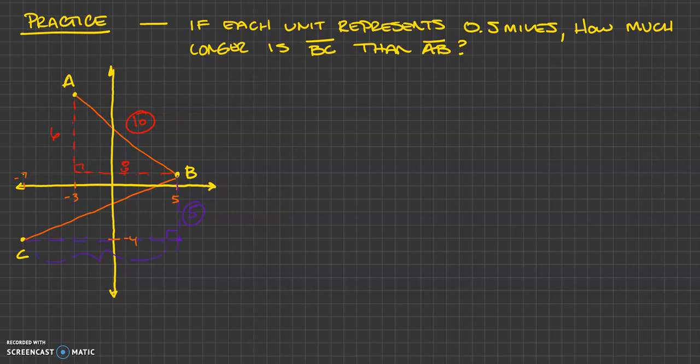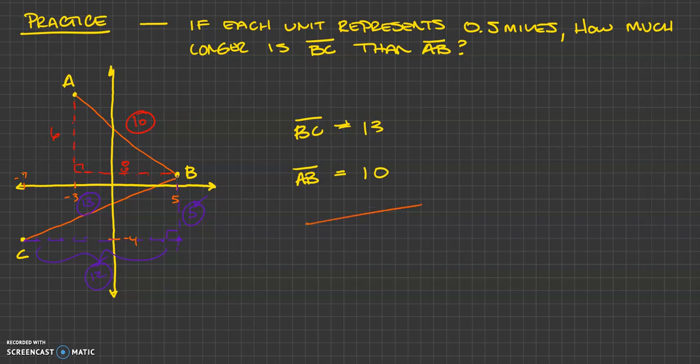So this overall base is going to be 12. Well, guess what? That is a 5, 12, 13 triangle. And so I know that BC is equal to 13. And I know that AB, the line segment AB, is equal to 10.